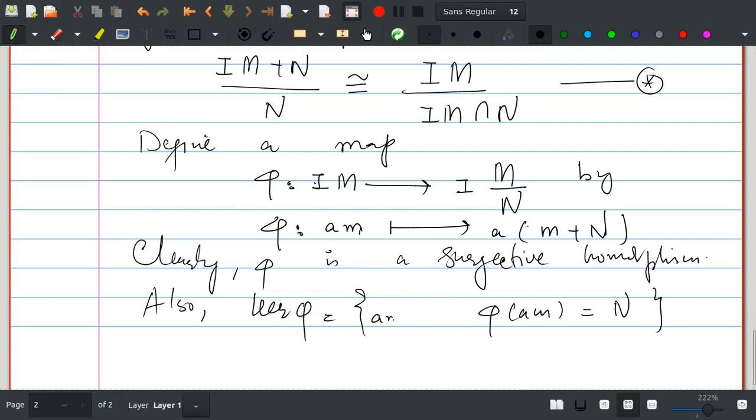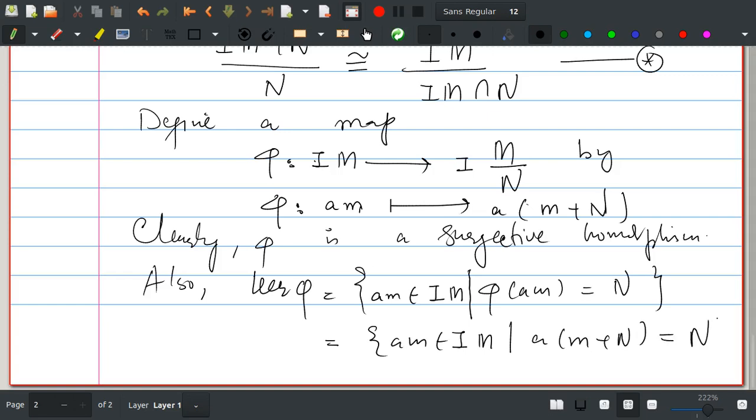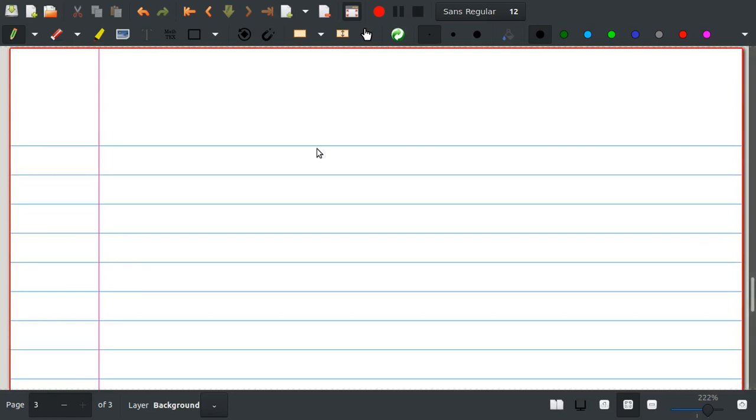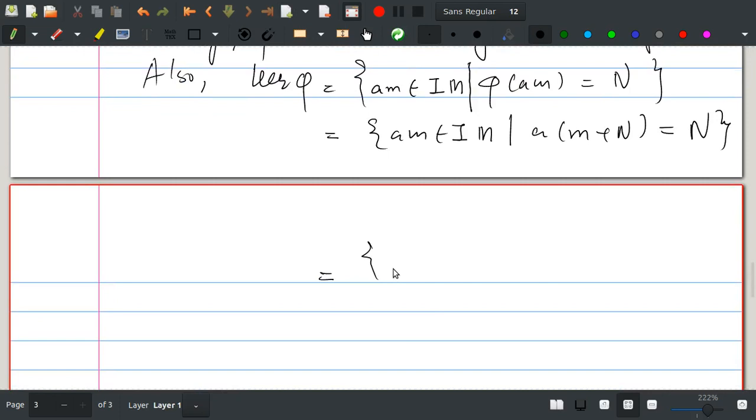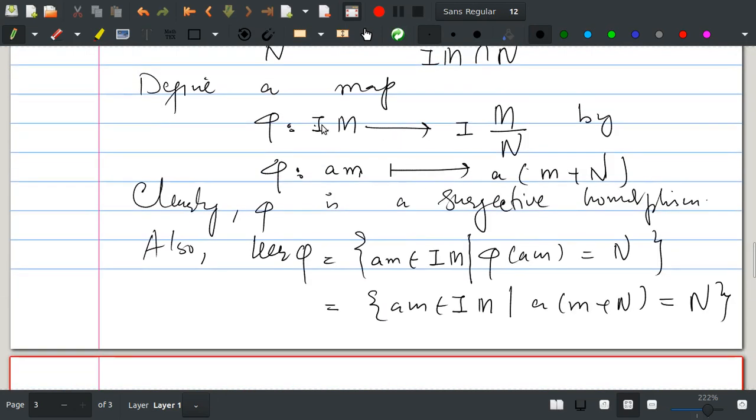It is the set of all those elements in IM such that am plus N is N. So this is actually equal to the set of all those elements in IM for which this am is an element of N. So those am in IM for which this am is in N. So this is actually the intersection of these two submodules.